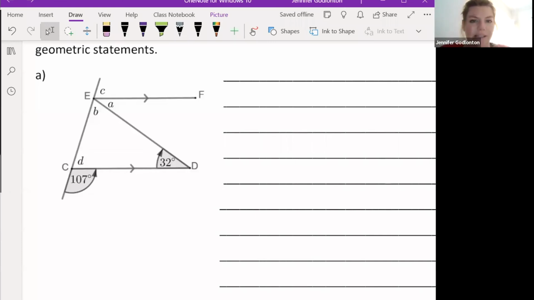I see lots of hands up already, but there's no way you have done all of your letters at the moment. So first take a moment, take out your piece of paper. I want you to find all the letters for me and make sure you have all your reasons. When you have A, B, C, and D, and you have your reasons, then pop your hand up for me. We can do this, my people.